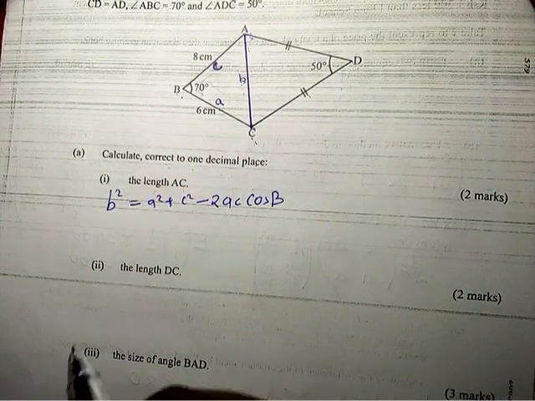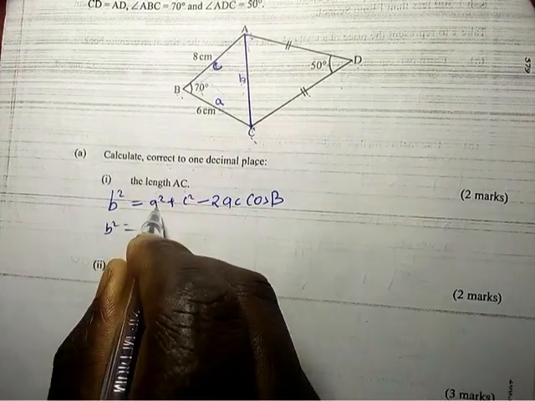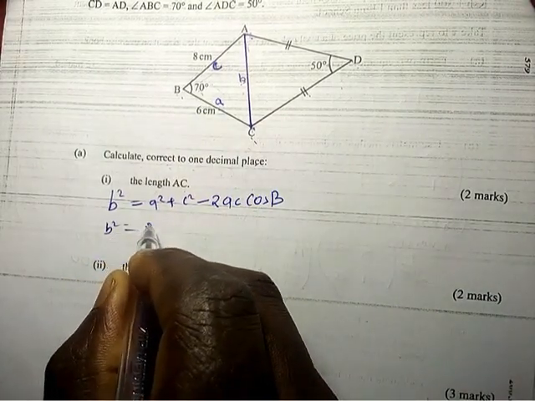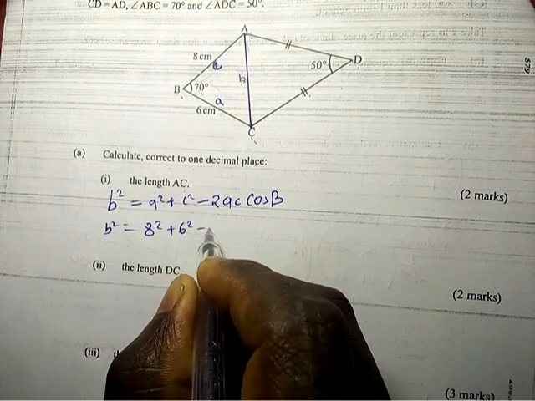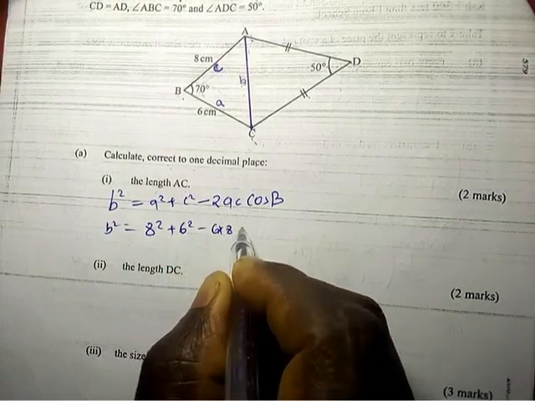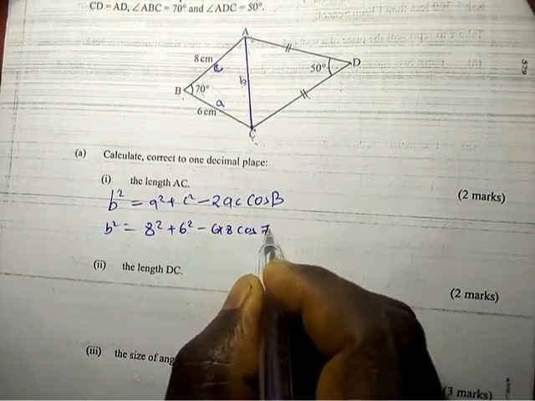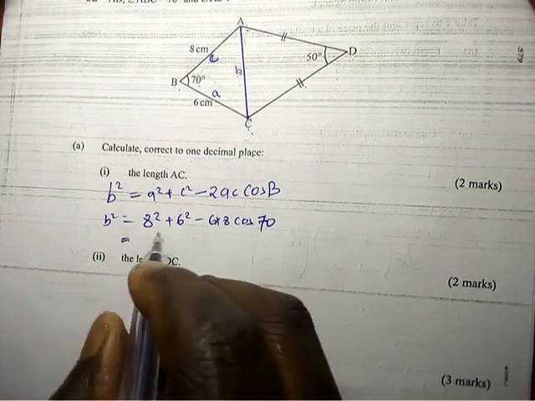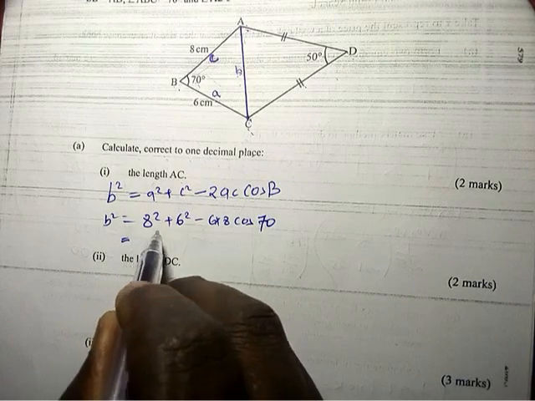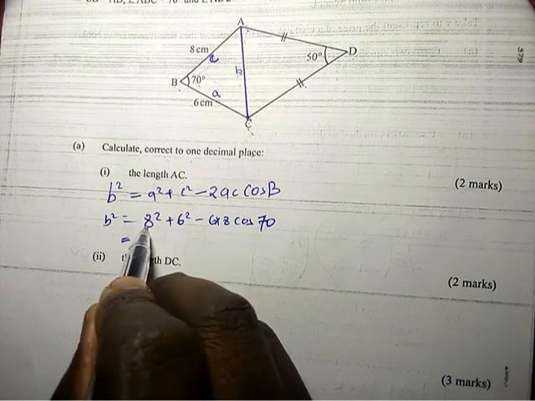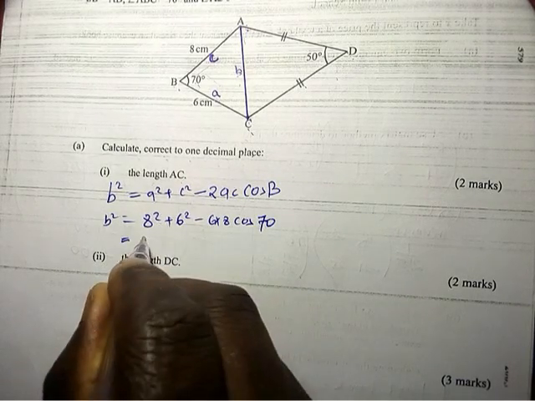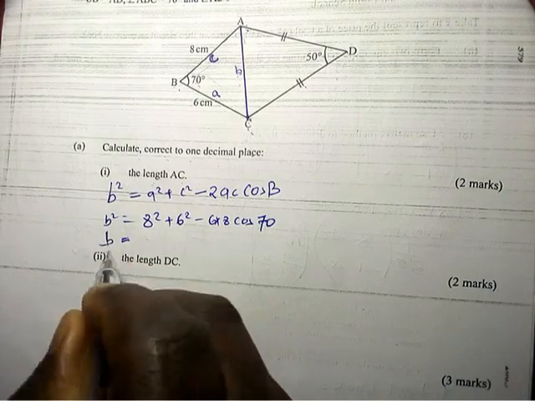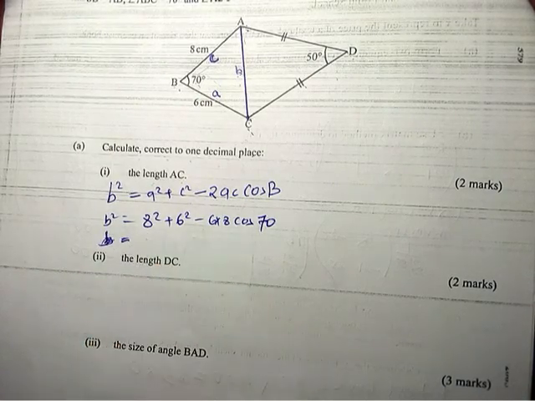So now b square is 6 square, 8 square plus 6 square minus 6 times 8 cos 70. When you multiply everything here, you are going to have, so going step by step.